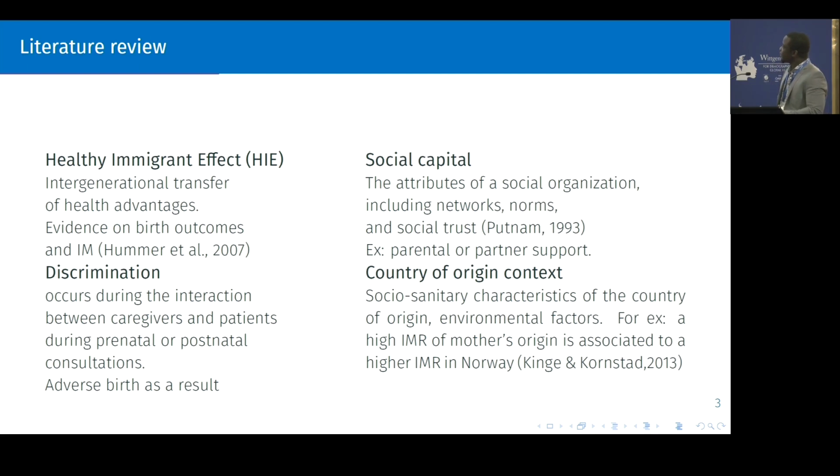The third theory is discrimination, which occurs during the interaction between caregivers and immigrant women during prenatal or postnatal consultation. And some studies have shown that adverse birth is linked to discrimination. And the last theory is the country of origin context, which describes social sanitary characteristics of a country of origin, environmental factors.